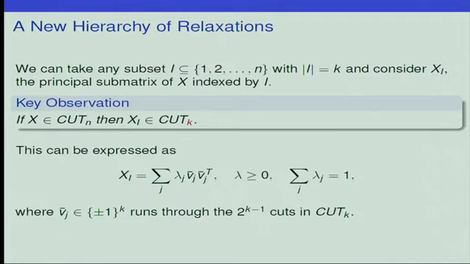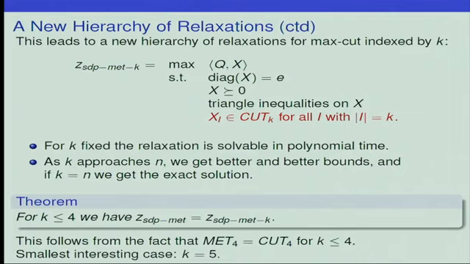Here are my 2 to the k minus 1 cuts with coefficients lambda, and I want to take a convex combination of that. This is essentially an exact description of this smaller cut polytope. And I can pick k as I wish, essentially between 2 and n, to make things minimally interesting.